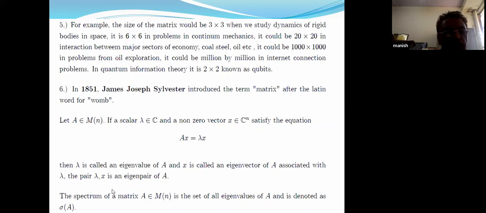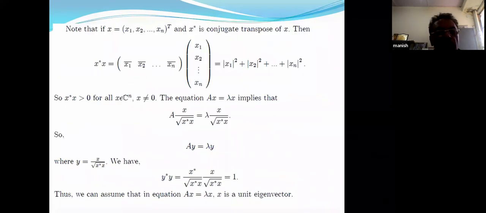Now, the important part here is that we can choose x to be a unit vector. Why? Because we can write x as this column vector (x1, x2, ..., xn) transpose, and x star is the conjugate transpose of x.